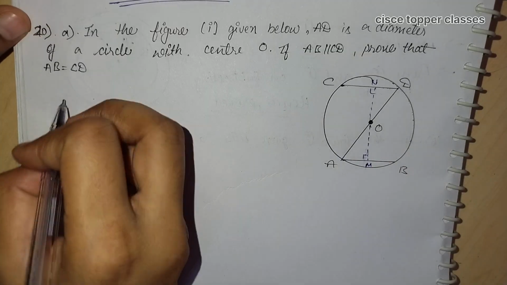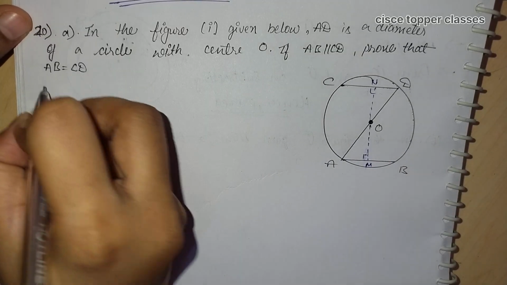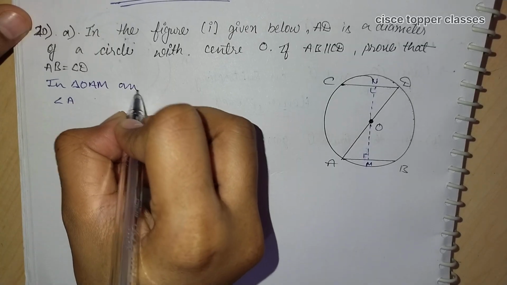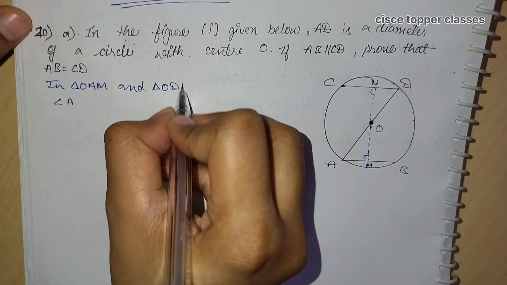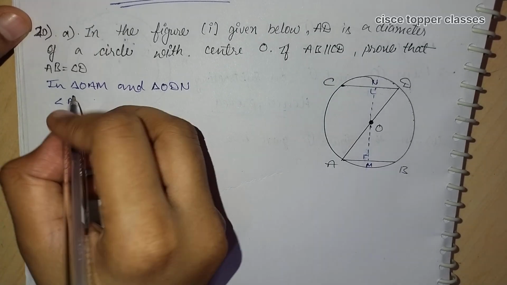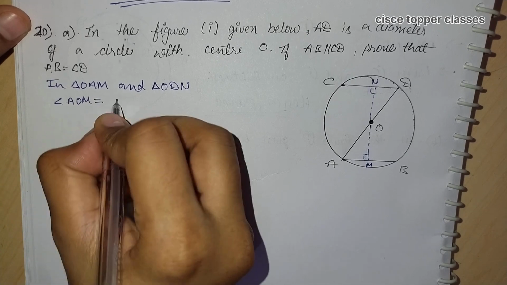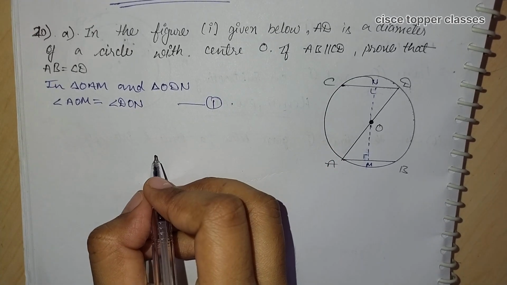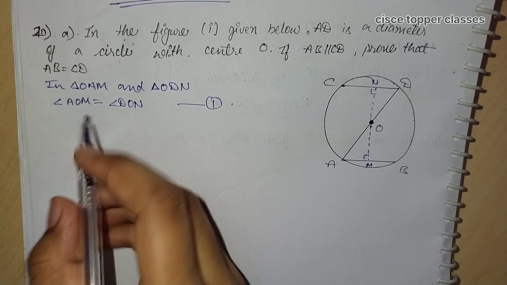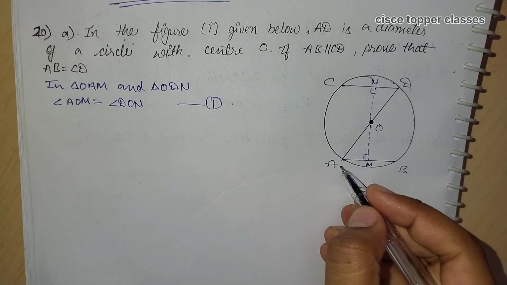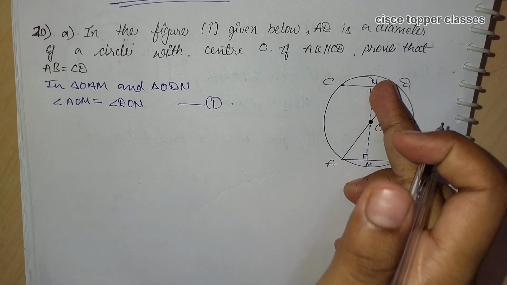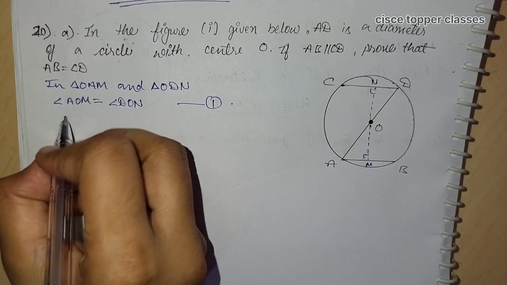As we have drawn, we can simply see that in triangle OAM and triangle ODN, we have angle AOM equal to angle DON. So this is the first part. Now, we also have angle DNO equal to angle OMA, each of 90 degrees, because these are the perpendiculars.